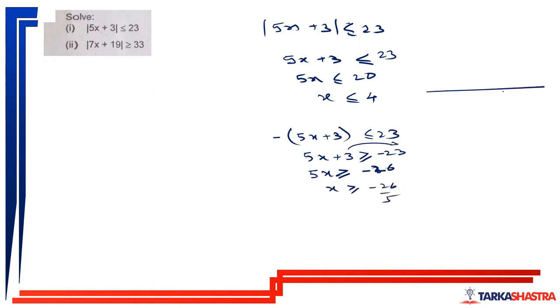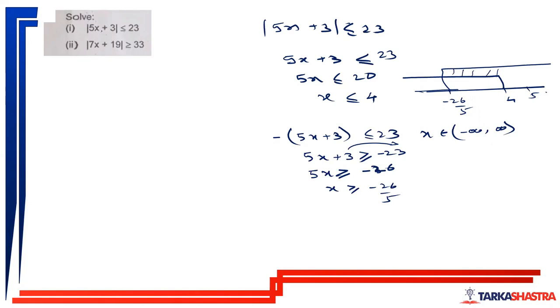Okay, so if we have this as 4, all the values less than 4 will work. And then we have minus 26 by 5. All the values greater than minus 26 by 5 will work. So now here we don't have to check the common area. Here we have to tell whether there is any area which is not acceptable. So actually x belongs to minus infinity to infinity in this case. Okay, because if you put, let us say, the value as 5, this will still satisfy the equation.